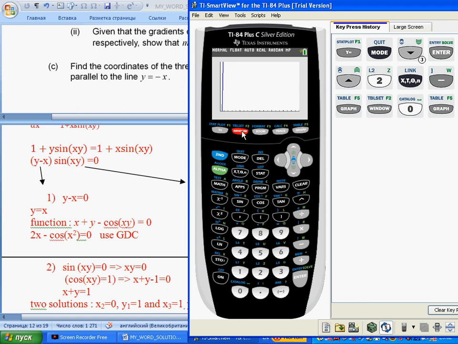Y, let's take, still calculating. Near, they say near 0, so this is why we should take a very small window, for example, here we can take 5.